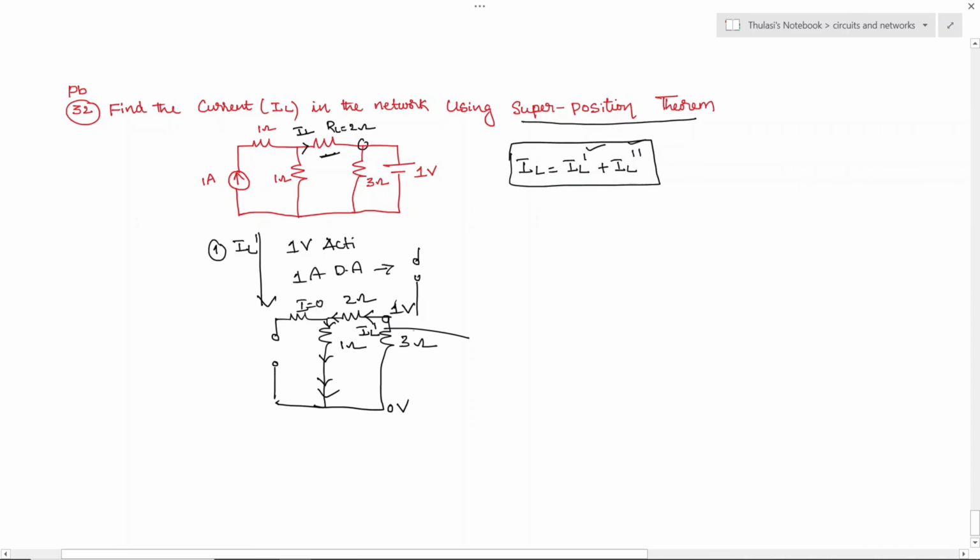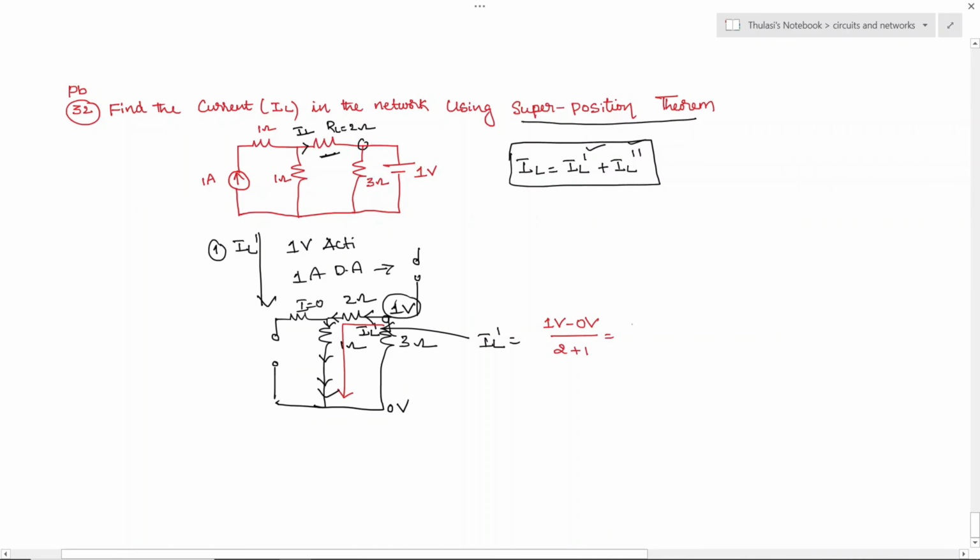So therefore, how can I write IL dash? Current is flowing only in this direction as shown. IL dash is equal to 1 volt minus 0 volts divided by R. R is how much? 2 plus 1.